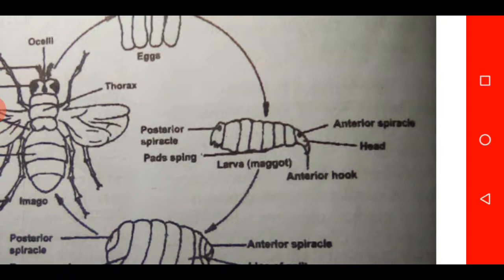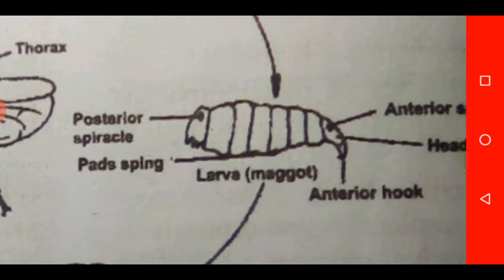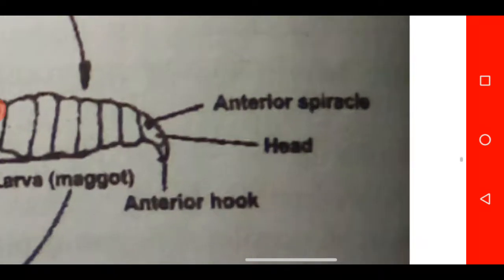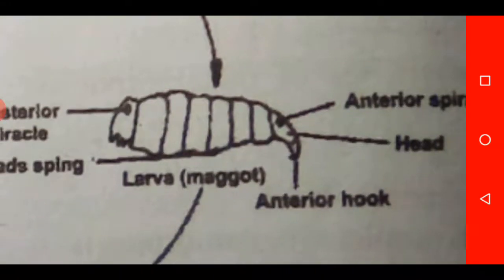It has the posterior spiracle, the anterior spiracle too, the head, and the anterior hook. That's the larval stage of a housefly.